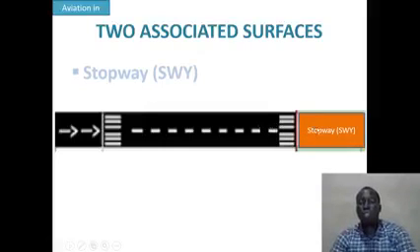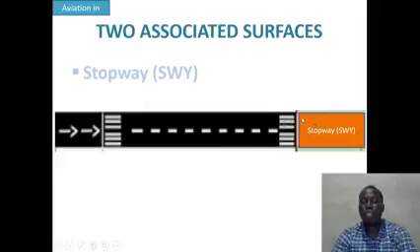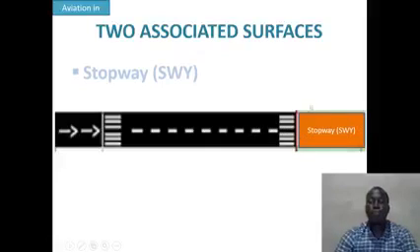So just at the extremity of the takeoff run, you see the stopway here. The width is the same as the width of the runway, and the length will depend on the runway type, aircraft performance, and also the characteristics of the area.